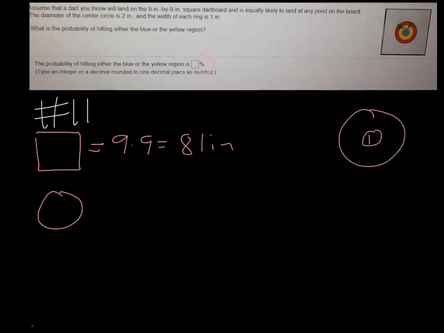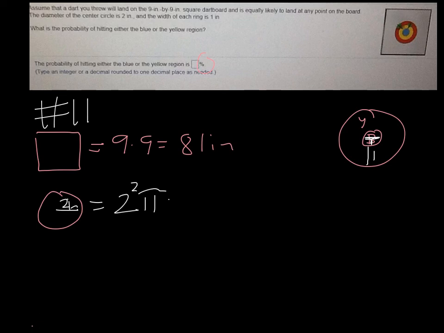If this is the blue, this is the yellow. If this whole thing is 2, that means half of it is 1. And that's also saying that each ring, so this is a ring right here, is 1 inch. So my whole radius here would be 2 inches. So this would be 2 squared pi would be the area of the yellow and essentially also the blue since they're inside of one another.